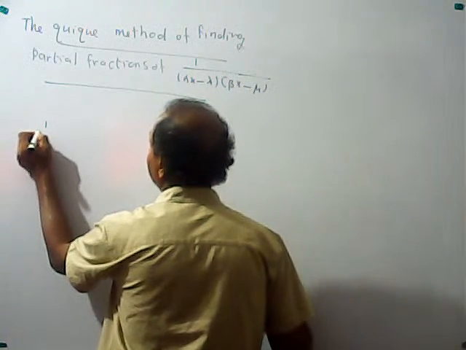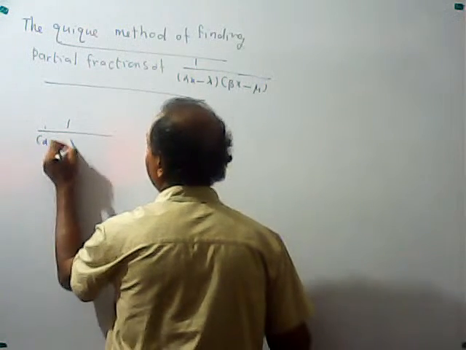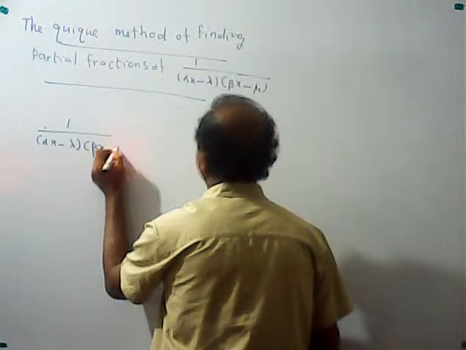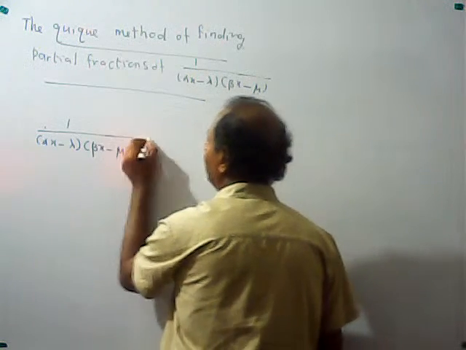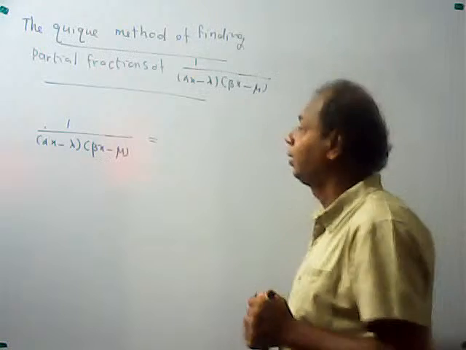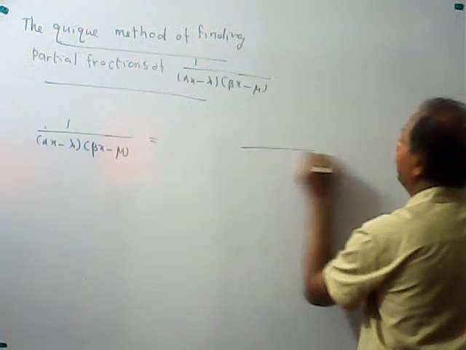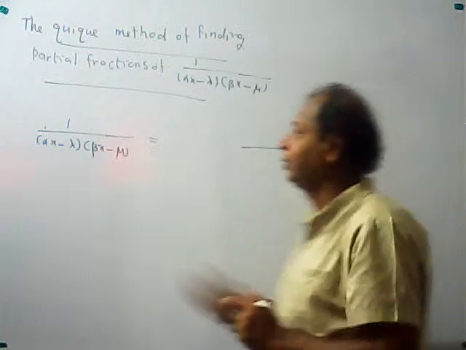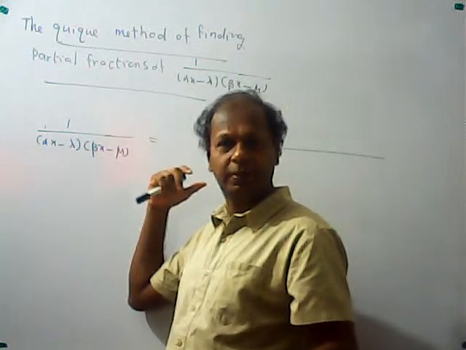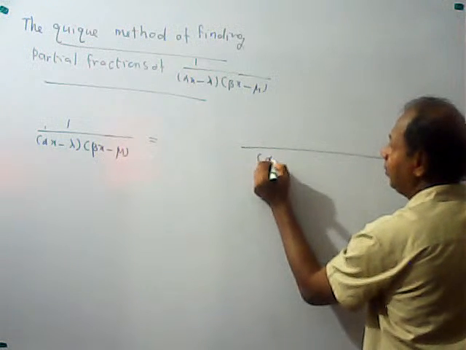So the method is this: 1 over (alpha x minus lambda)(beta x minus mu). Our method is, the denominator of this we write unchanged, the same. We just write the same in the denominator.